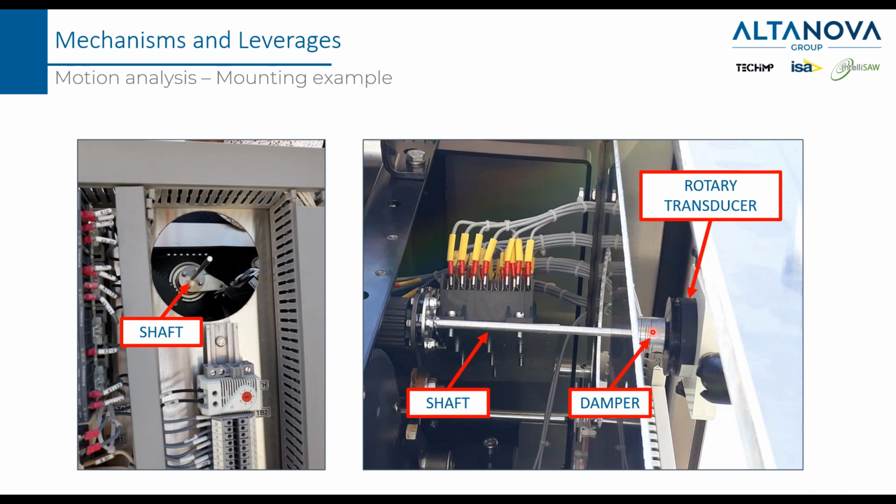I also need to highlight that every circuit breaker is different from another. This is an example of how we connect the transducer in this particular model. But if you change model, maybe the shaft that you need is different. Maybe you don't need a shaft, you need something else.